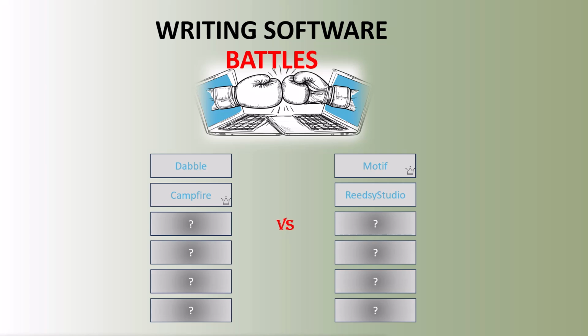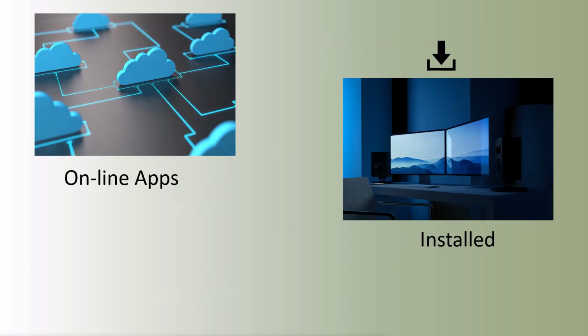If you're wondering why I decided to do these battles, well, I just recently did my update for 2025 to find all of these software that had to do with writing novels. And there were like 30 titles. Quite a few of them were programs you downloaded and installed on your computer, but a lot of them were online software. That is, you work through a browser and your files are stored in the cloud on a server hosted by the application.